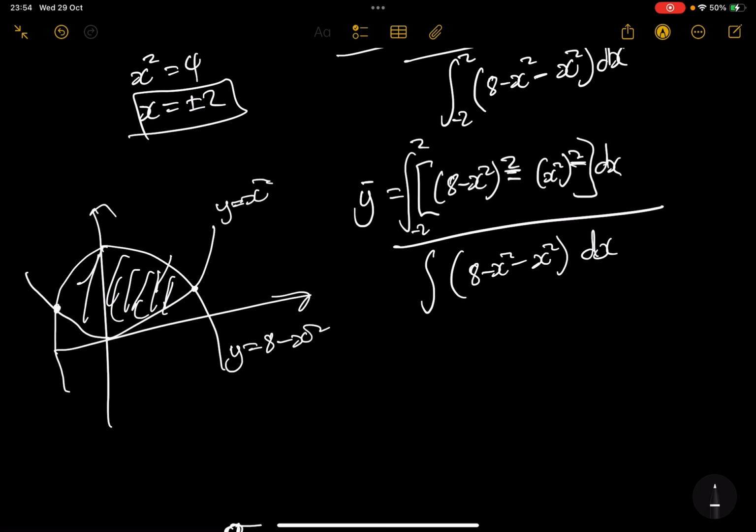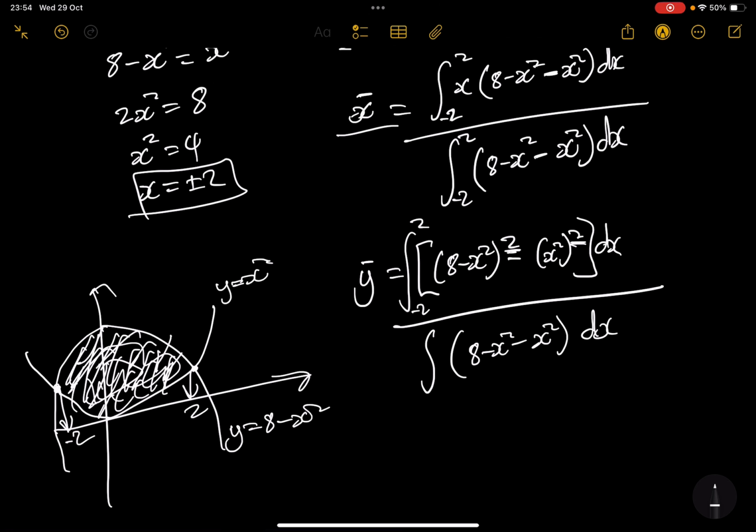So this is the entire region that we are looking at. From here to here, this is 2, this is negative 2. So the centroid of that entire region can be found by finding the x and the y value. So it's somewhere here.